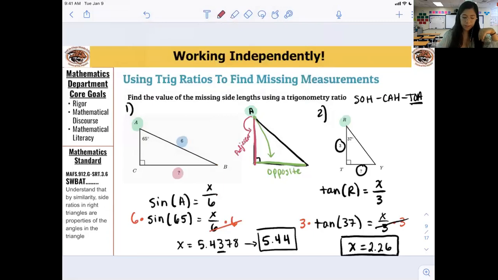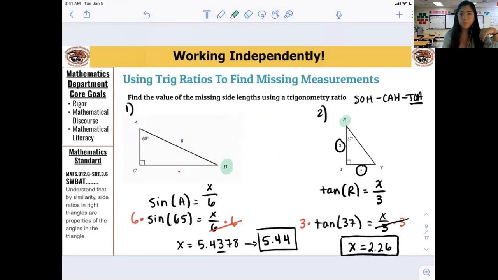Like, for example, look at the first example. In the first example, let's say I'm looking at angle B. Which side is adjacent to angle B? The question mark side, right?